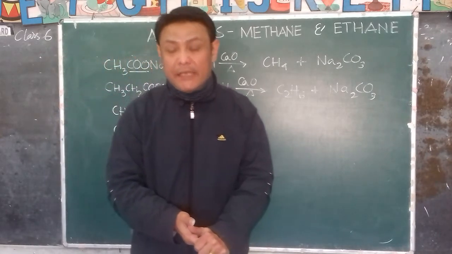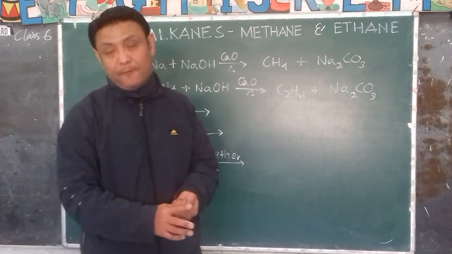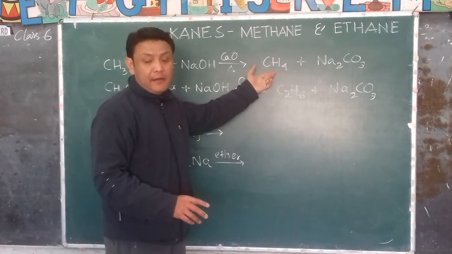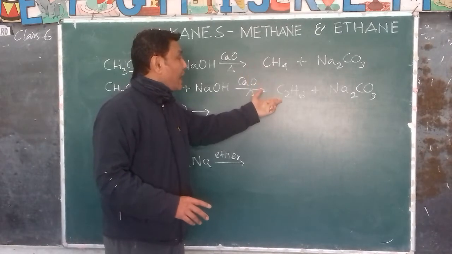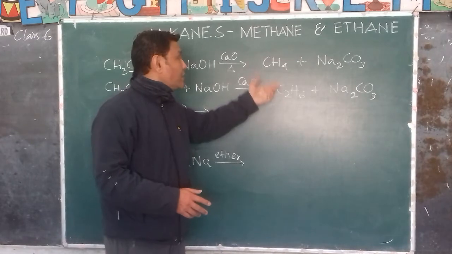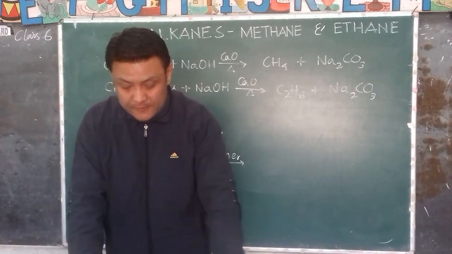That is called decarboxylation. Now, how do we collect methane and ethane respectively? Since methane and ethane both are insoluble, they do not dissolve in water, so they are collected by the downward displacement of water.